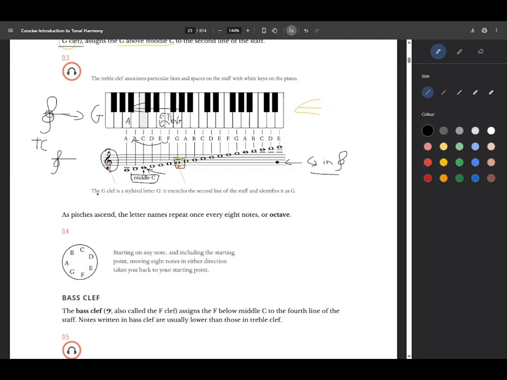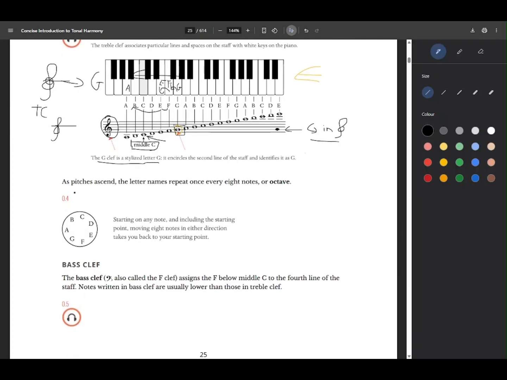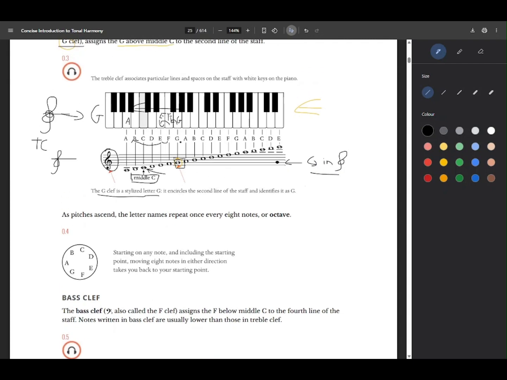As we said before, the G-clef stylized G encircles the second line, as we talked about. As our pitches ascend, so we talked about descending from G, it is simply going down in the alphabet. As our pitches ascend, the letter names repeat every 8 notes. So if we go back to our G here that we've circled a lot of, notice we don't go to H, we actually wrap back around and start at A again, since musicians don't know how to count their alphabet.